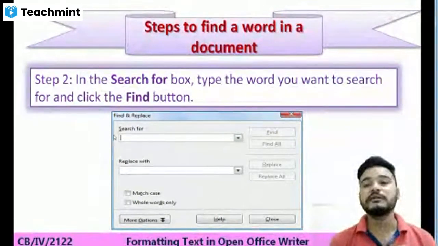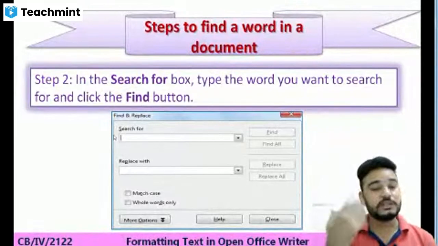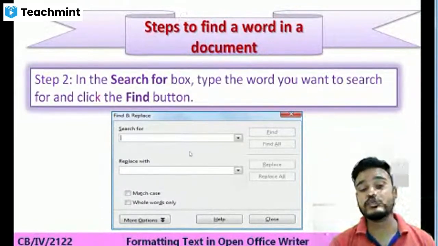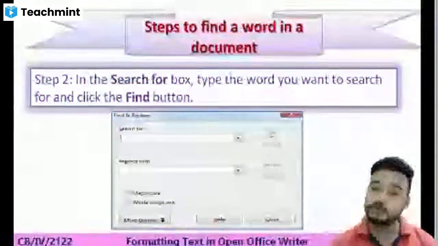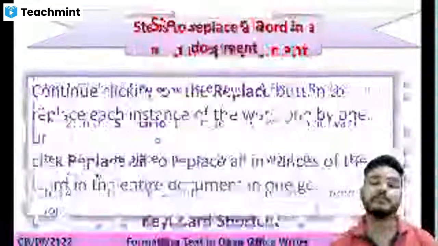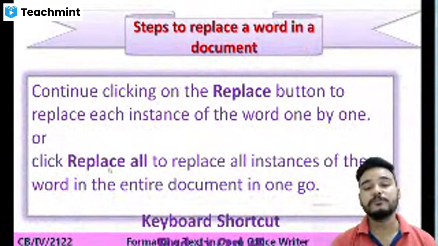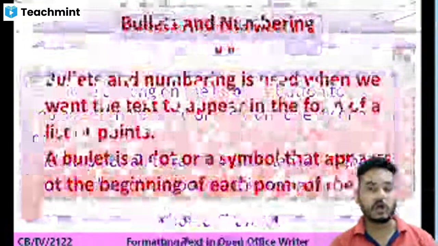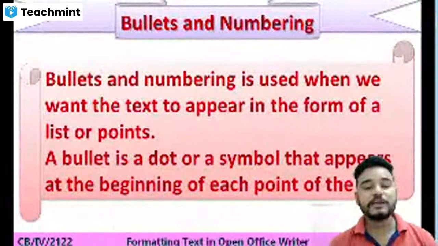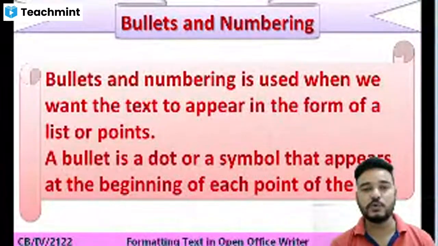The word you would like to replace it with, you have to enter in the replace box. If you want to do it once, click replace one at a time, and if you want to do all at a time, you can click on the replace all option. That was what we learned yesterday. Still, again, I'll show you how to do that.